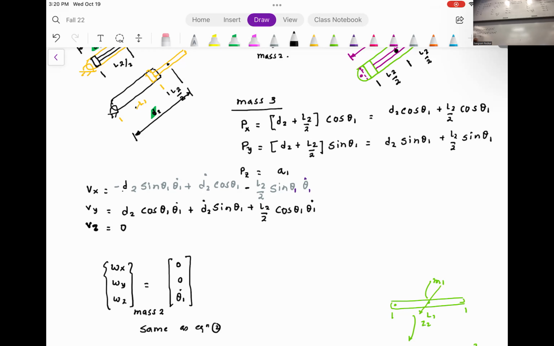And the reason for that is the arm. So I need to draw this arm. So this arm is in the horizontal plane, and this is where the end effector is.